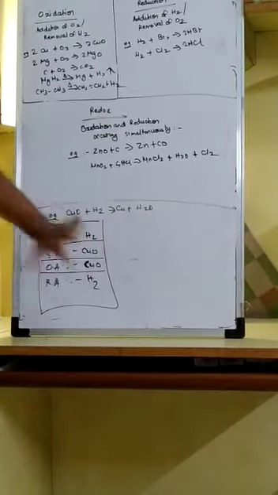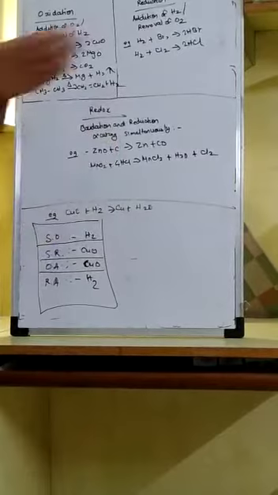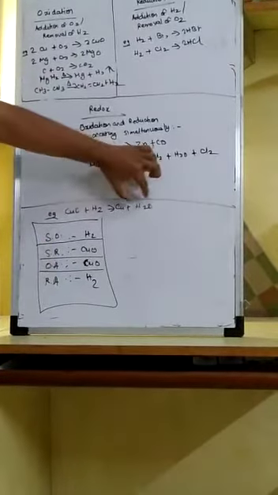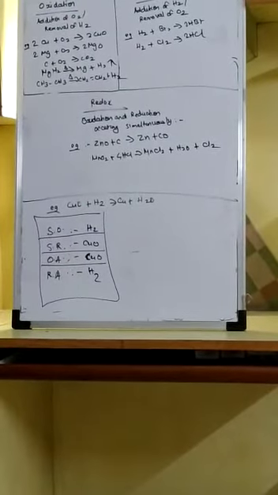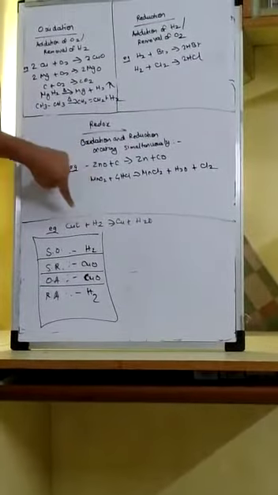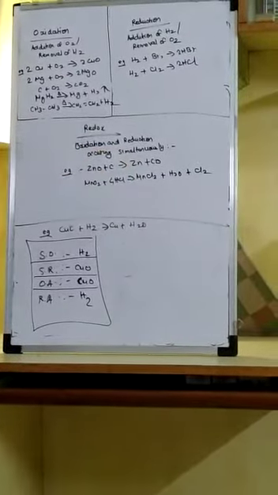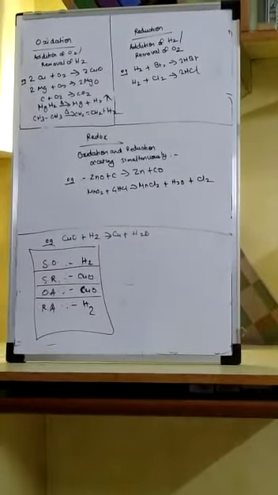So H2 is our reducing agent. Also, why is H2 becoming H2O? Only and only because of the addition of CuO. If CuO had not been added to H2, H2 wouldn't have become H2O on its own. In other words, CuO is aiding the process of oxidation. So CuO is the oxidizing agent.